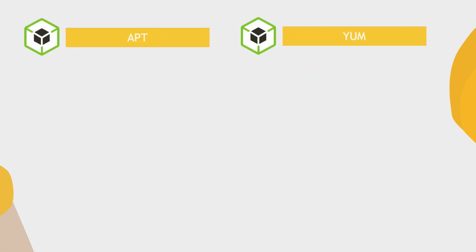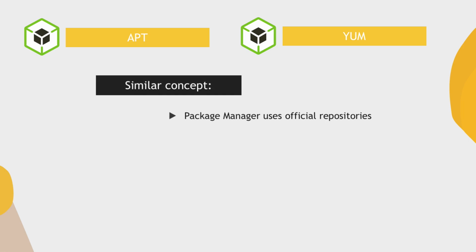And even though these are two different package managers on two different categories of distributions, the concept is very similar. So you have this package manager that uses the official repositories that are configured for the system, like CentOS or Fedora or RHEL, and basically fetches packages from there and installs them on the system by resolving all the dependencies.